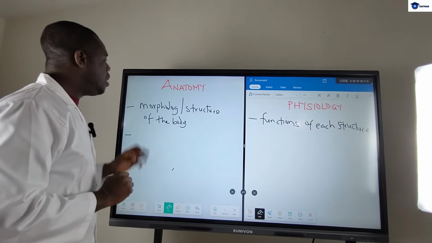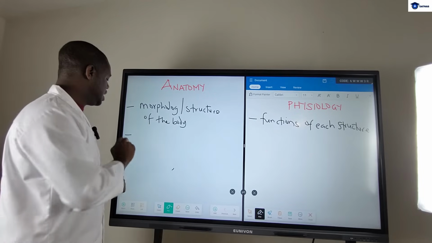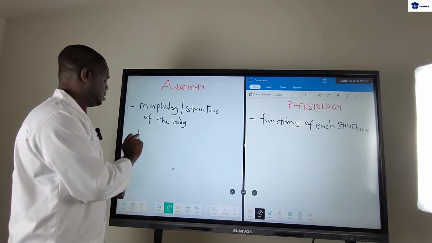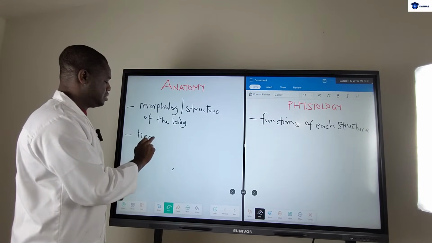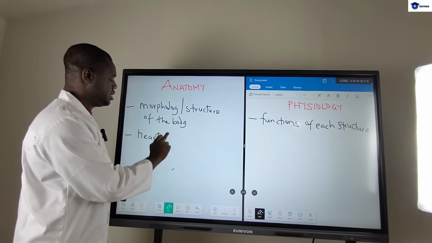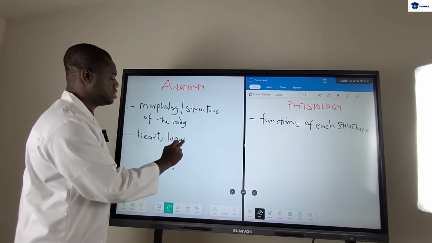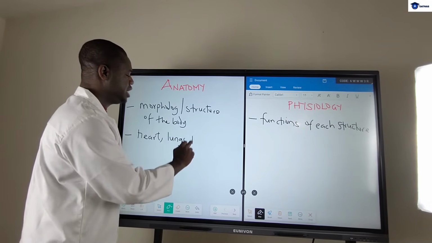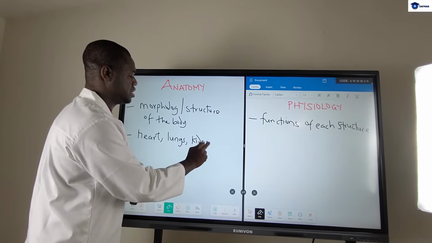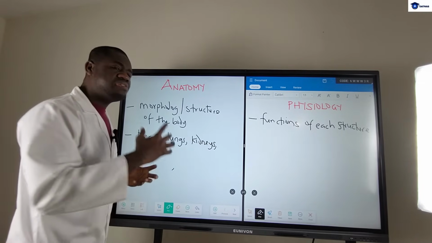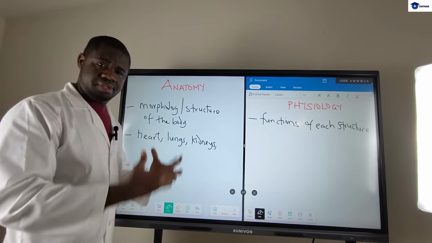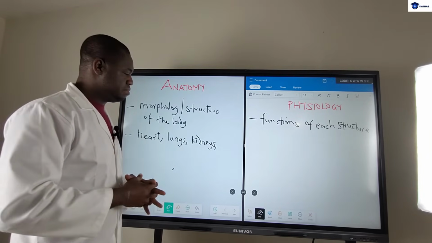Examples of structures in the body include the heart, the lungs, kidneys, and whatever organs you can think of.